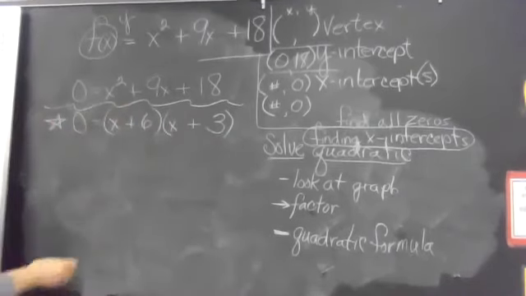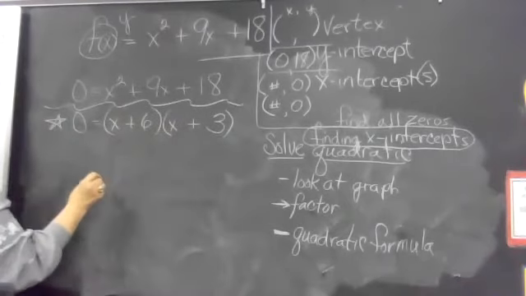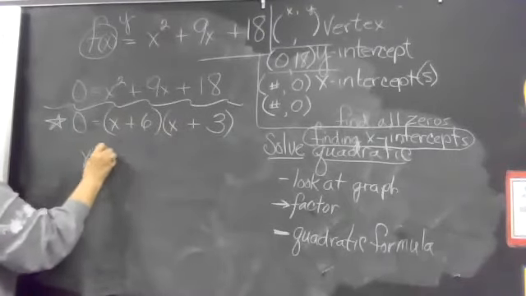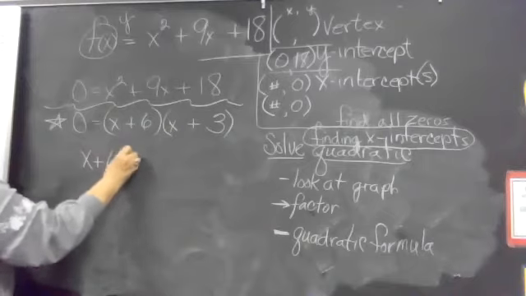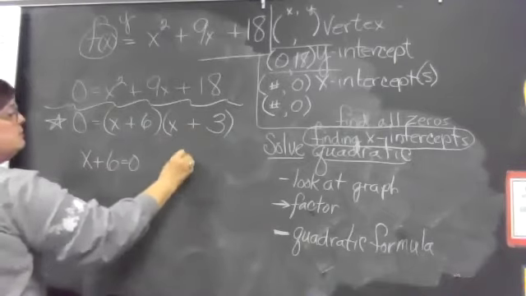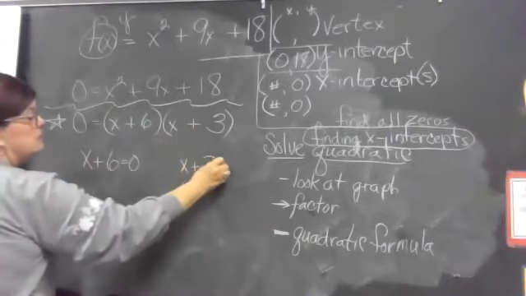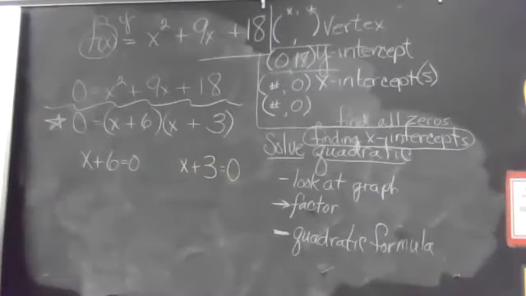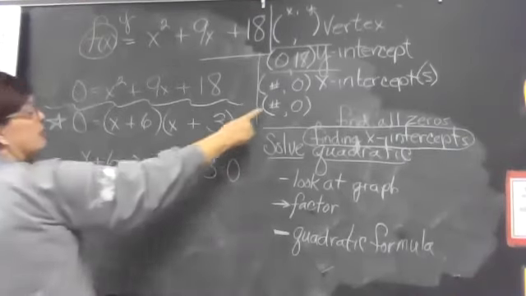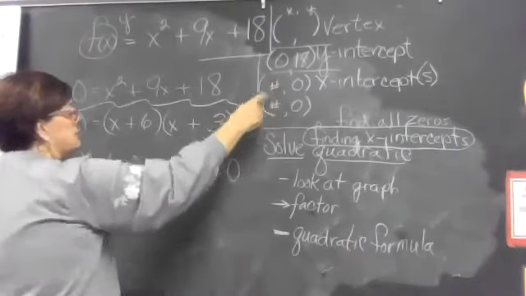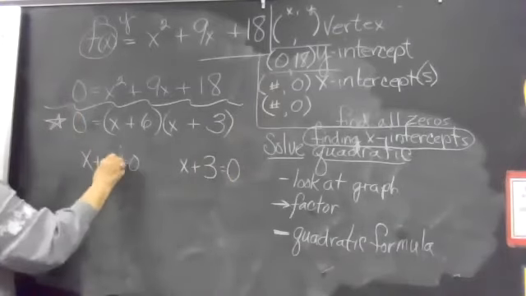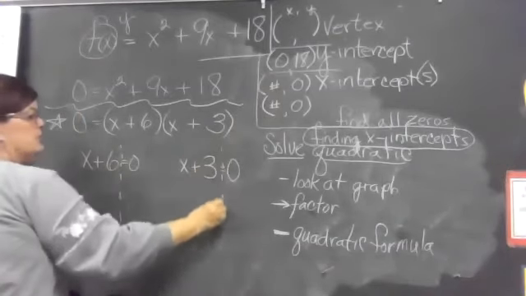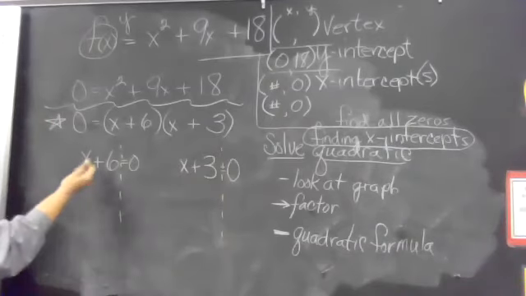So what we're going to do is separate these and say x plus 6 could be 0, or x plus 3 could be 0, or both of them could be true, correct? So the whole idea is I'm trying to find the x's. So let's solve this. We're going to solve them separately. And you all know how to do this.